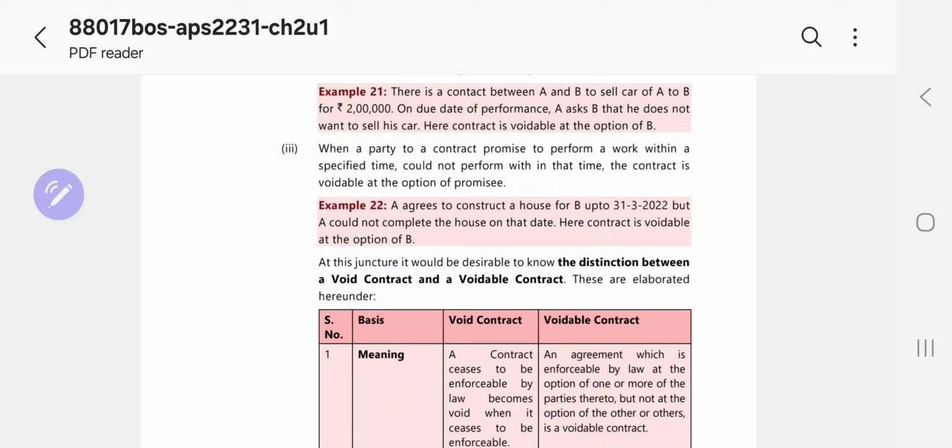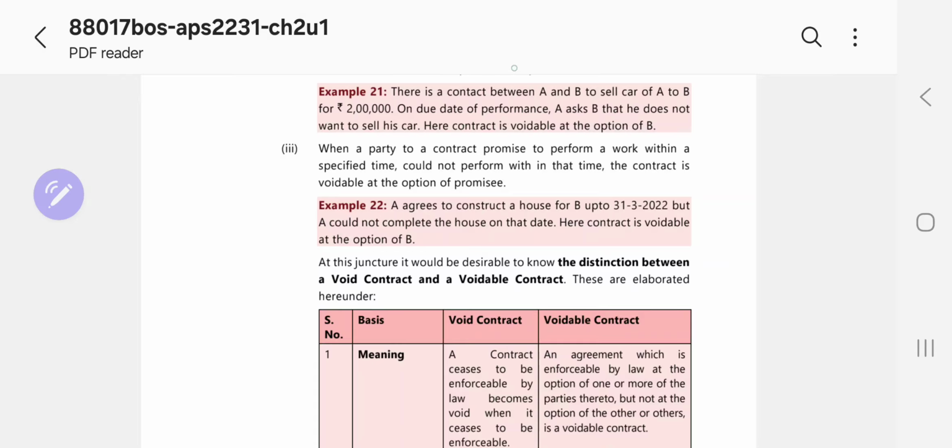If B agrees with A, then the contract gets cancelled. Or if B says no, I want to purchase this car because we have entered into a contract, then A should sell his car. So this contract becomes voidable at the option of B. B can accept whatever A is saying, or he can reject it.